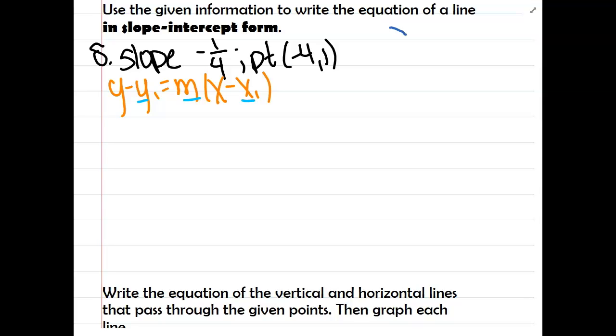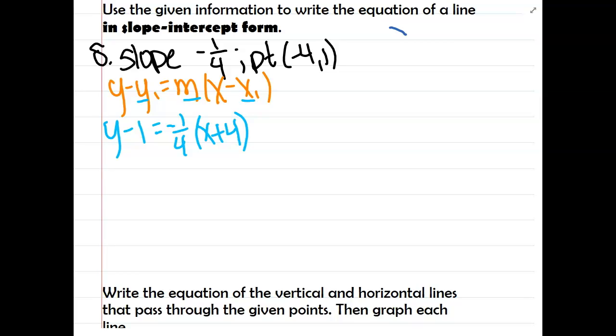So to use point-slope form, you just plug the numbers in. So we're going to do y minus, my y-coordinate is 1, so y minus 1, equals my m, my slope, they tell me, is a -1/4. And then I'm going to do x minus a -4. That's how you end up with the +4.